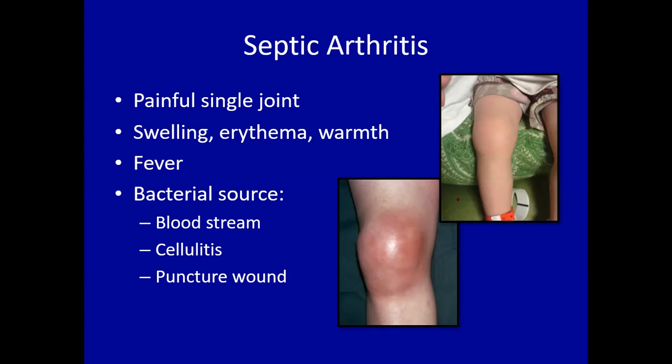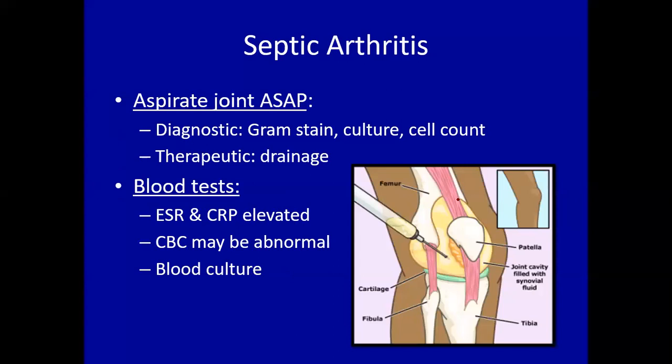There's going to be a surrounding cellulitis and potentially a puncture wound. So basically you have this event and you predispose the body to absorbing bacterium past its skin barrier, and that then makes its way into an adjacent joint.